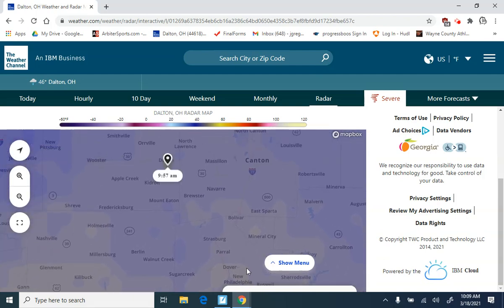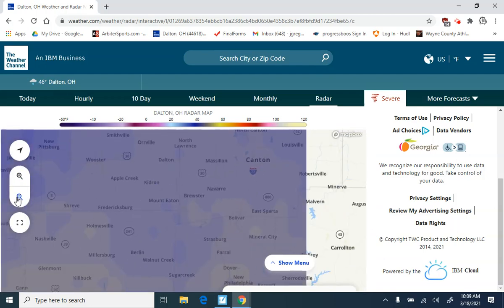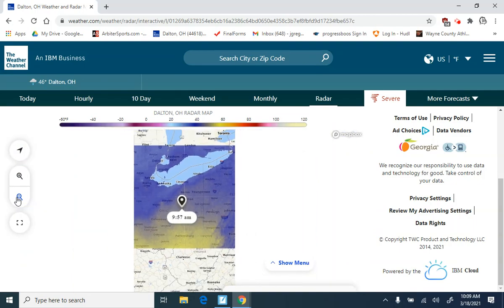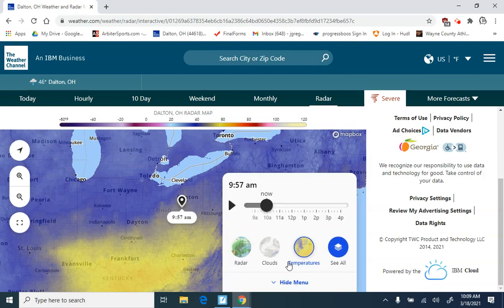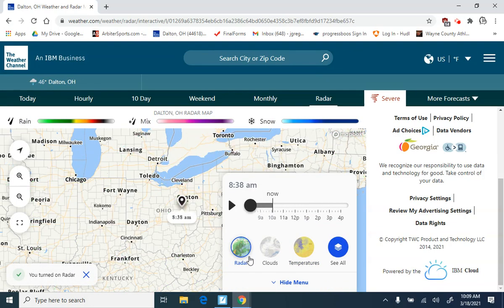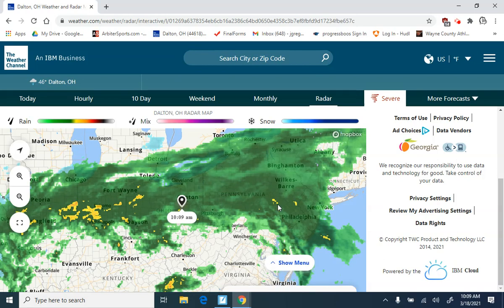If we get this to whiten out, it shows us the rain and the precipitation that we have. Radar. And if we take a look, all that is rain.